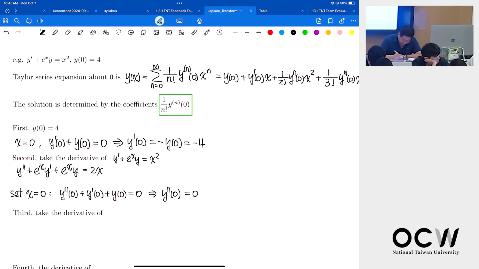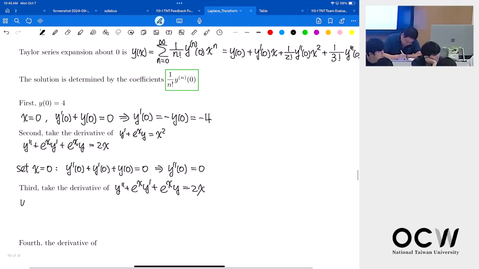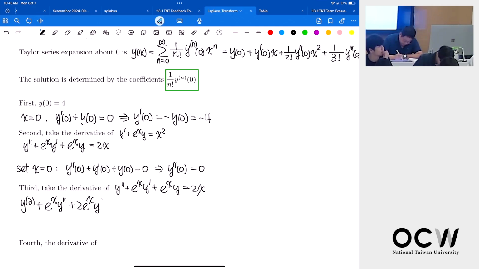If I take the derivative, then we'll get y triple prime plus e to the x y double prime plus 2e to the x y prime plus e to the x y equals 2.